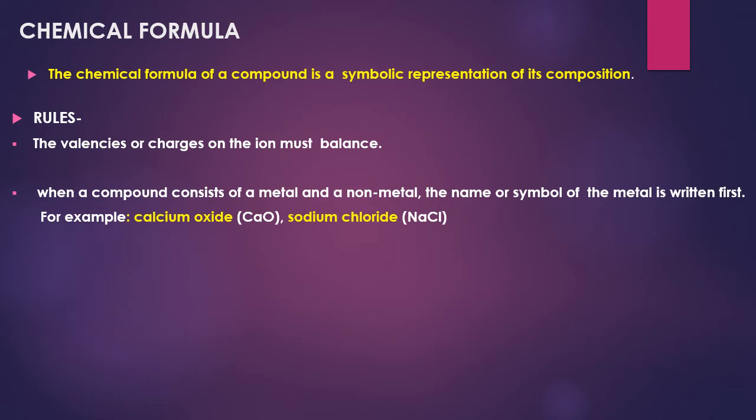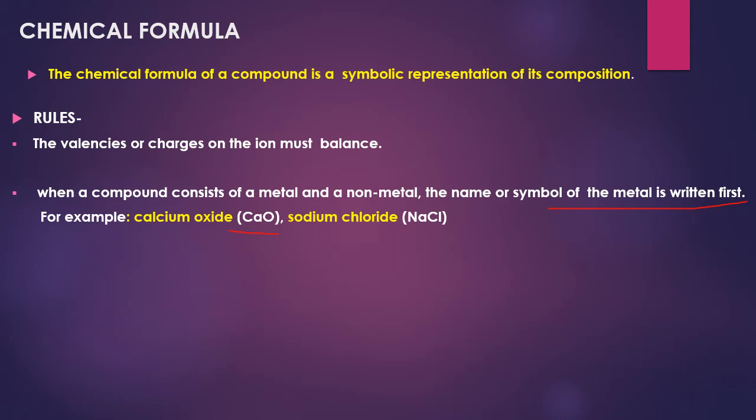And the second thing is, when a compound consists of a metal and a non-metal, the name or symbol of the metal is written first, always and always. For example, this is the chemical formula of calcium oxide, CaO, where Ca is metal and O is non-metal.